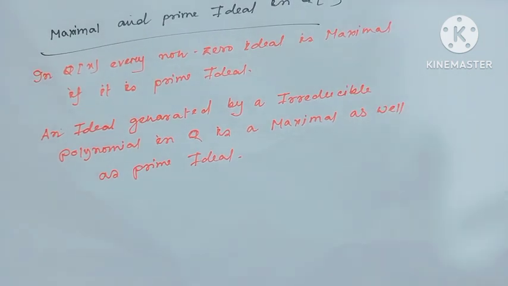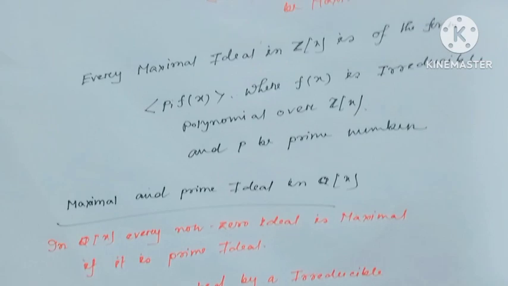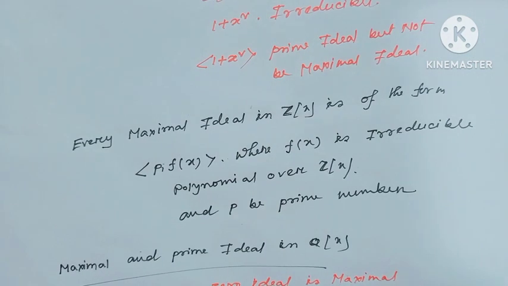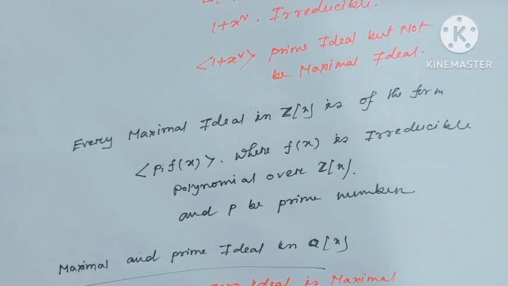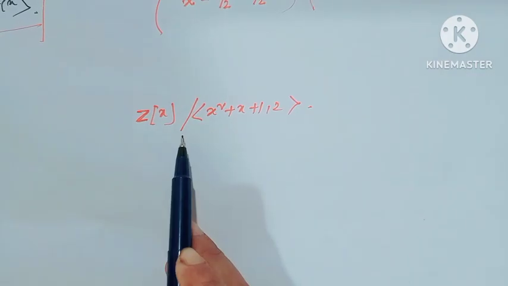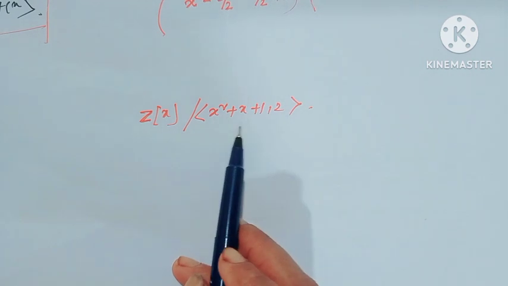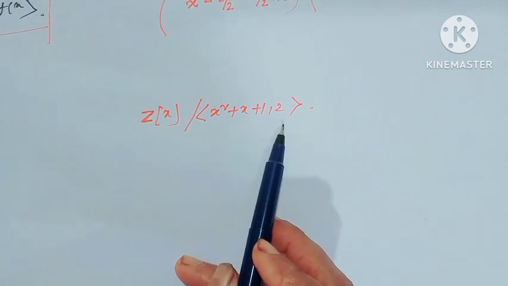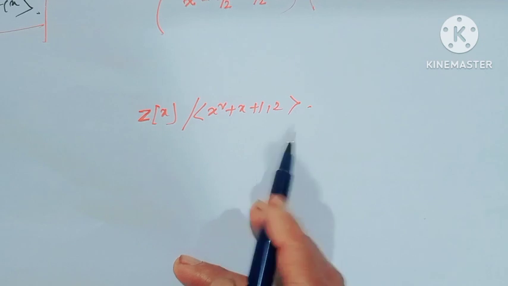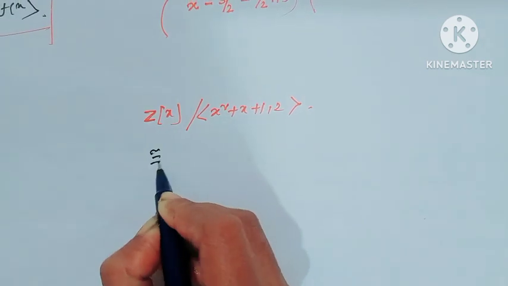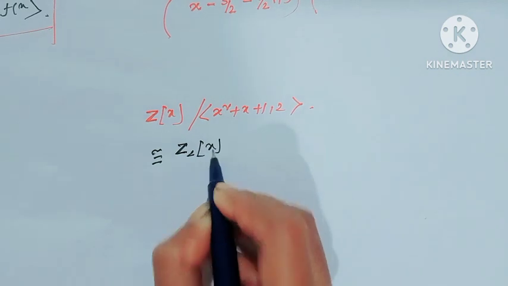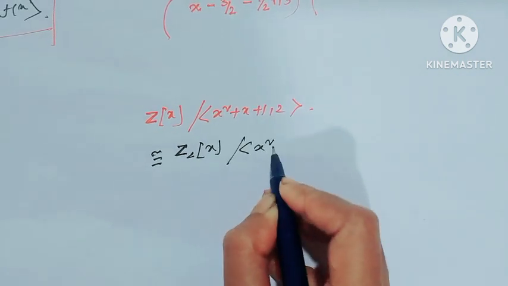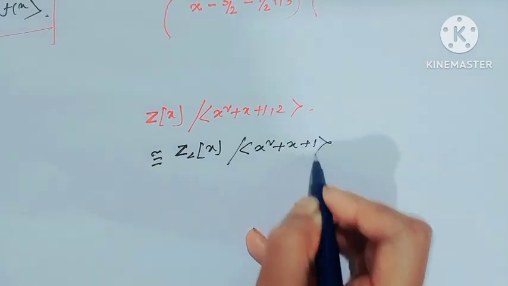In Z[x] the maximal ideal looks like the ideal generated by p, f(x), where p is a prime number and f(x) is an irreducible polynomial in Z[x]. For example, consider Z[x] modulo the ideal generated by x square plus x plus 1, 2. Obviously, by previous rules, this would be isomorphic to Z2[x] modulo the ideal generated by x square plus x plus 1.